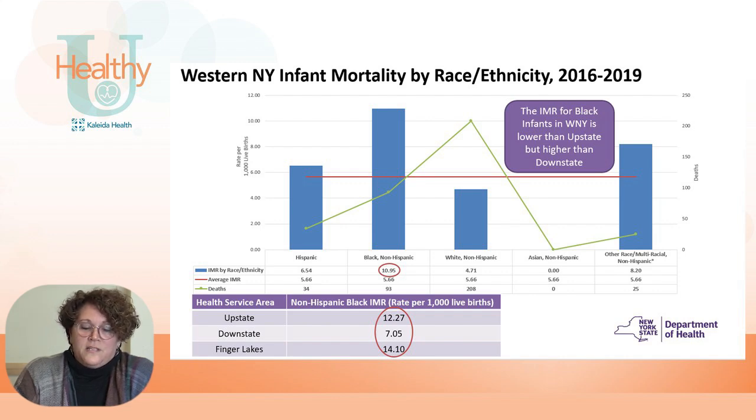One of the things they were able to do for this presentation was break out Western New York's infant mortality stratified by race. What this trend shows is that Black infants die at much higher rates than other infants, and it follows the same trend for maternal mortality here in Western New York. Now that we know, and the community organizations are aware, we're all working to bring these rates down.